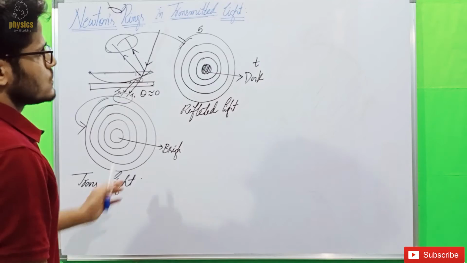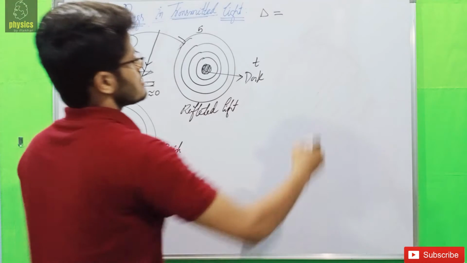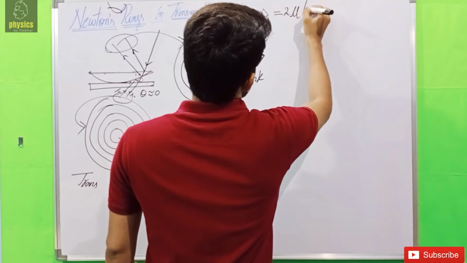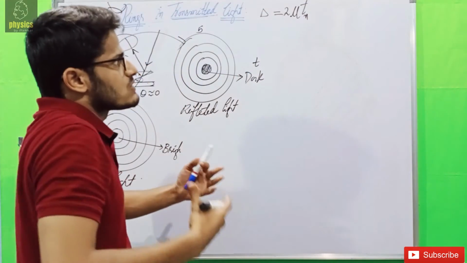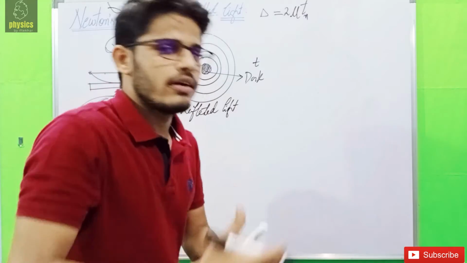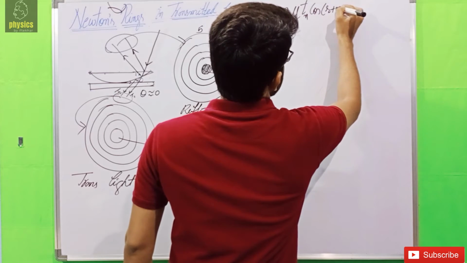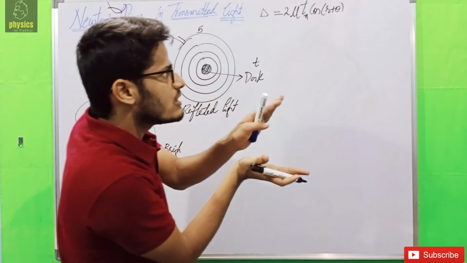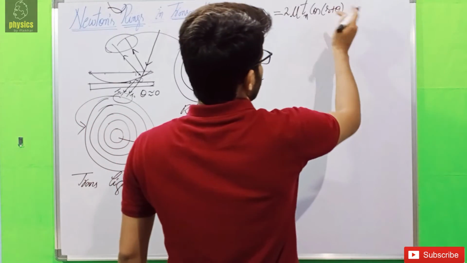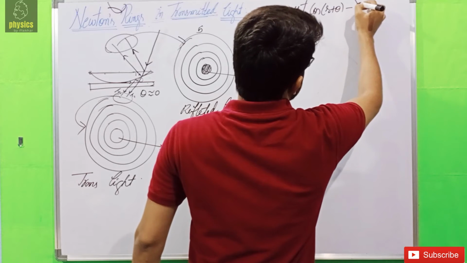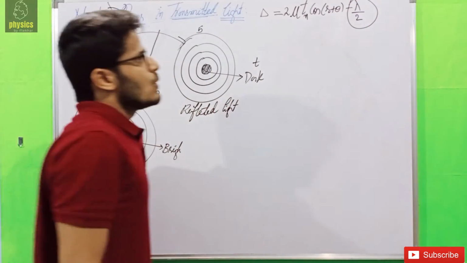The path difference which we got in the wedge shaped film was 2 mu t sub n, some particular thickness will produce some particular order of fringe, into cos(r plus theta), where theta is the angle between the two glass slabs which are forming the wedge, and r is the angle of refraction. We got the lambda by 2 term due to the reflection from a denser medium.